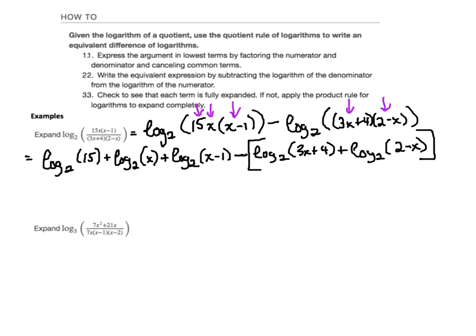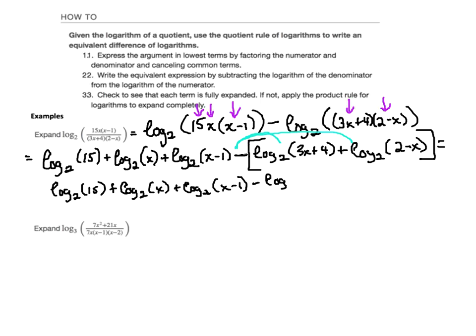And the reason I left those inside a set of brackets is because this negative actually gets distributed to both of those. So my final expanded form of this would be log base 2 of 15 plus log base 2 of x plus log base 2 of x minus 1 minus log base 2 of 3x plus 4 minus log base 2 of 2 minus x.